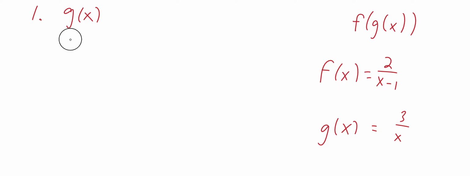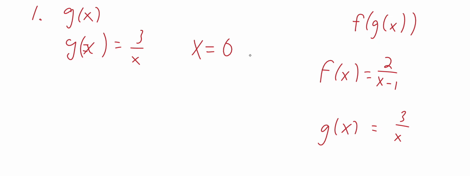Seeing that g of x is equal to 3 over x, I think it's pretty obvious to see that there is a single number that would be eliminated from the domain of the function, and that is the number 0. We are not going to be able to use 0 as the input of g, and then by extension, we're not going to be able to use it in the domain of the composition.